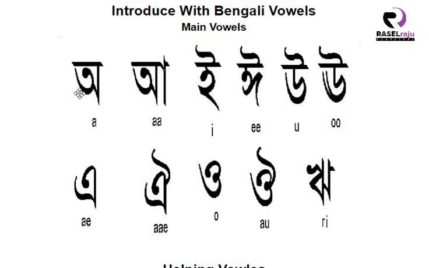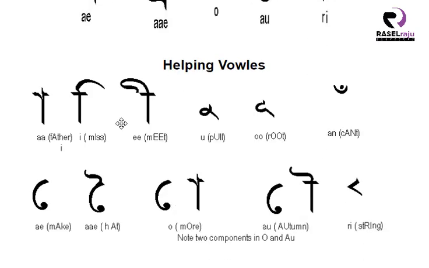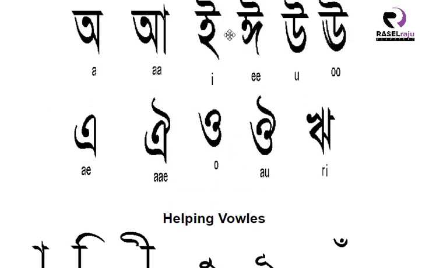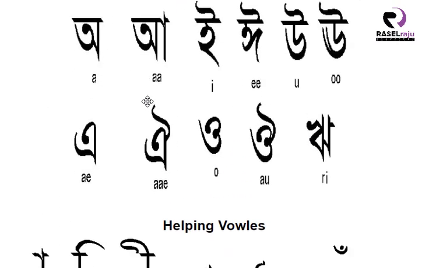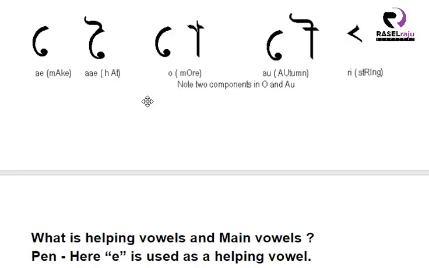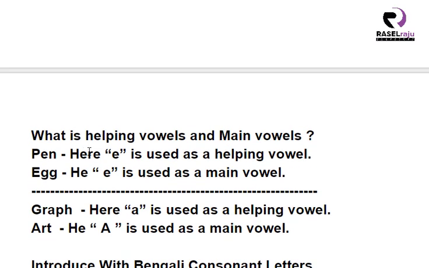There are two types of Bengali vowels. Number one, main vowels, and helping vowels. These are helping vowels and these are main vowels. So what's the difference between helping vowels and main vowels? Look at this. Here our pen.